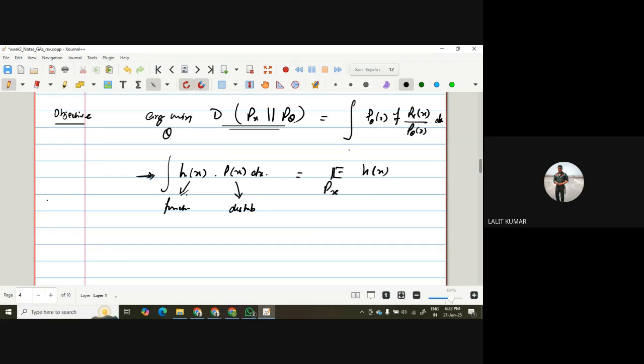So utilizing this statistics principle, what we found is that for this divergence D of p(x) and p_theta, we found a lower bound.